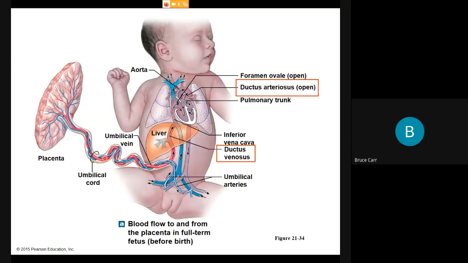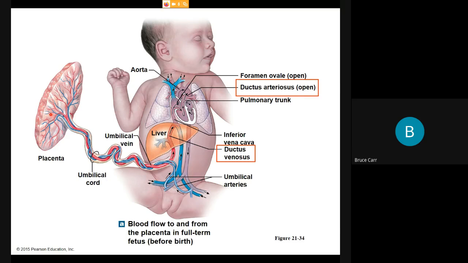Now here's a full-term fetus. Over here is the placenta. So this is a picture of the baby's side circulation. The branching red and blue strands show you where the capillary beds are placed. Now, I want to emphasize there is no direct blood flow from the mother to the baby.